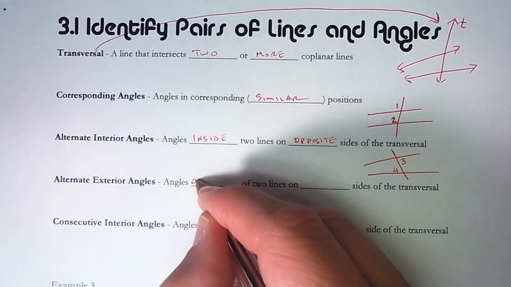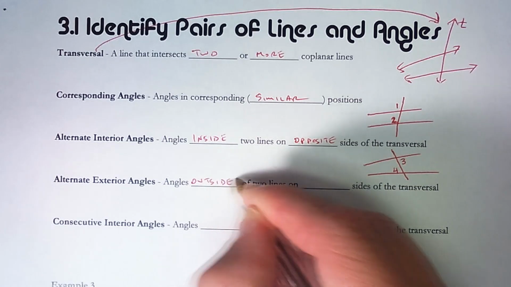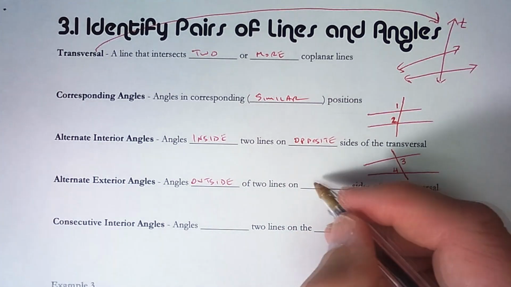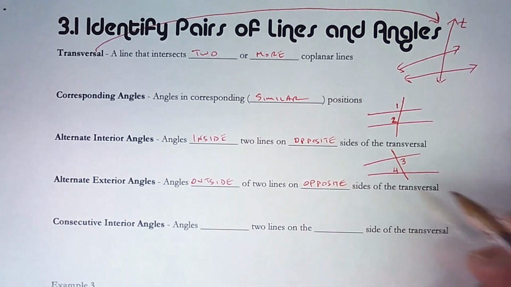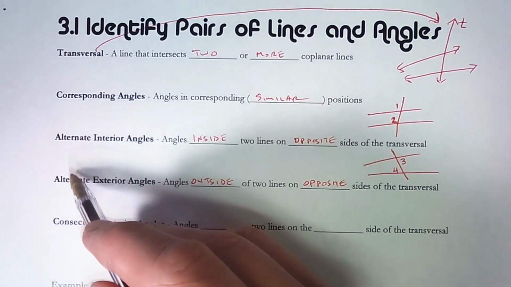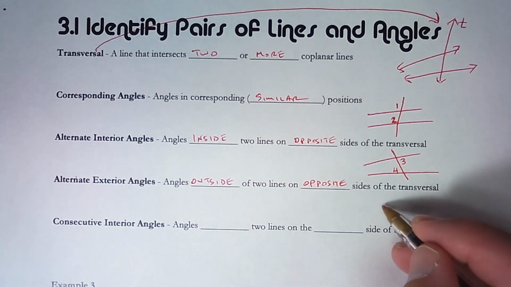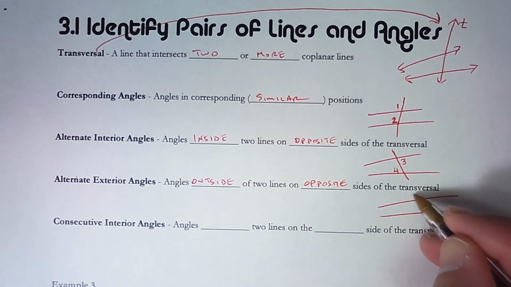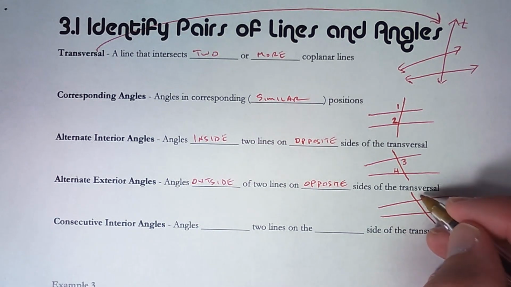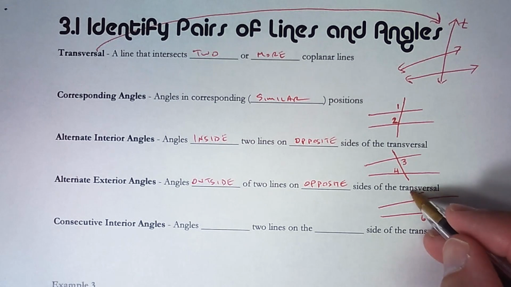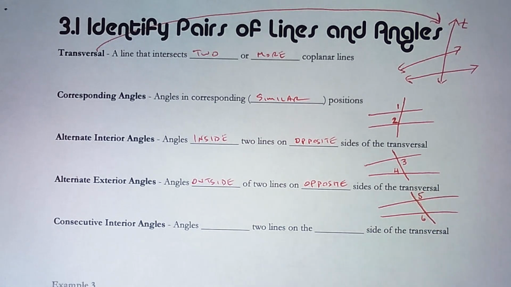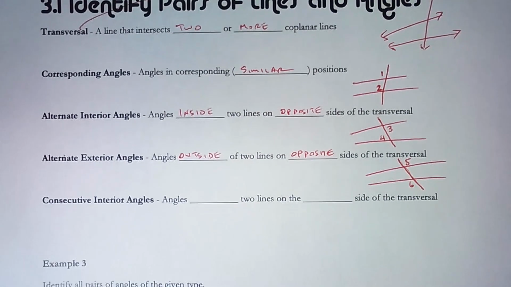Alternate exterior angles are angles that are outside of two lines on opposite sides of the transversal. So when you see alternate, you should be thinking opposite. So here are two lines and a transversal. Angle 5 and angle 6 are both outside of the two lines, and they are on opposite sides of this transversal.